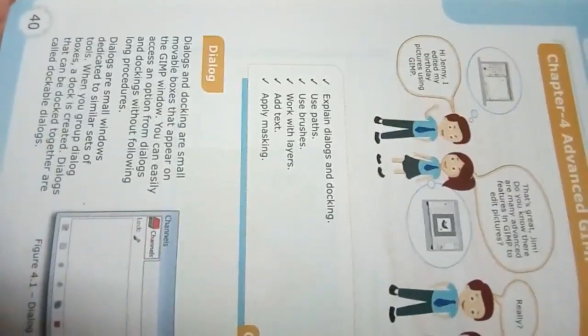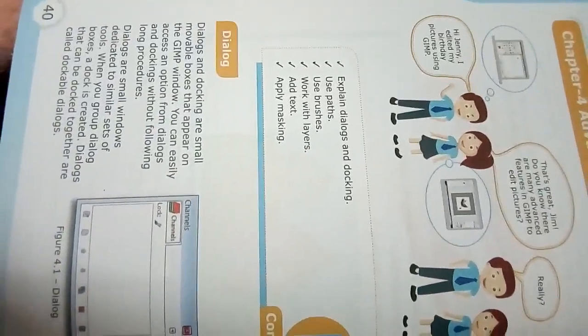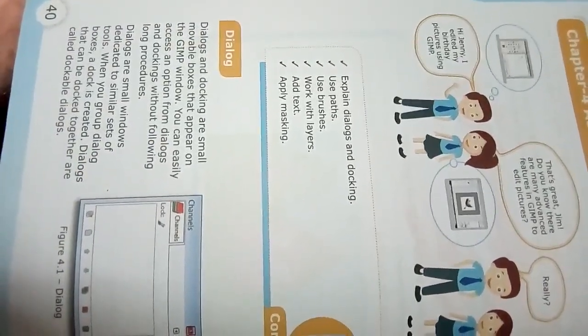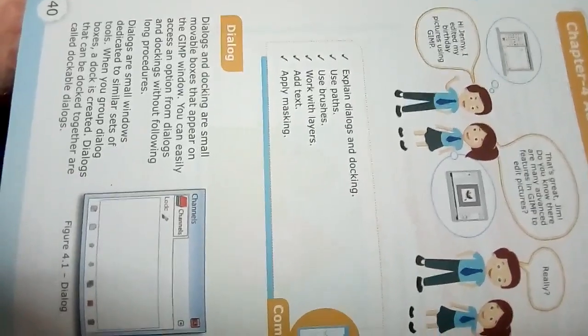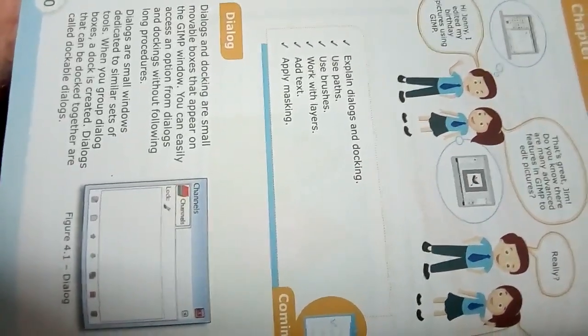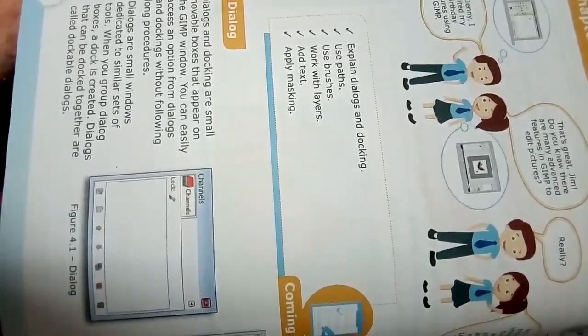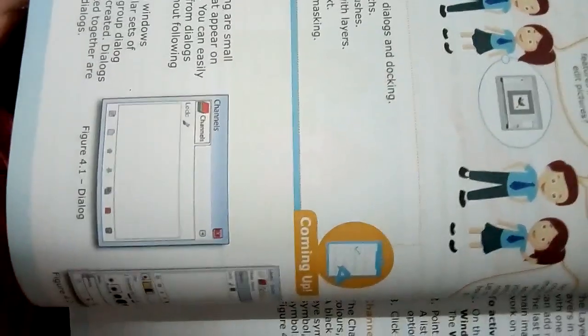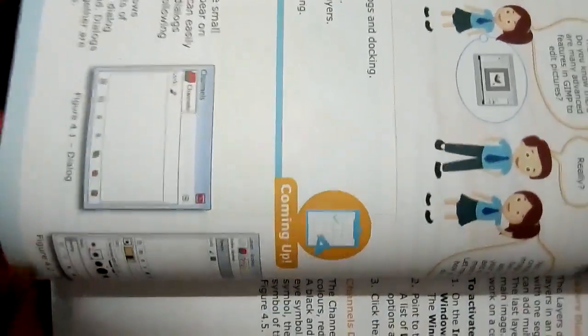Now dialogues are small windows where you can see similar sets of tools, and this collection of dialogues is called a dockable dialogue. Here you can see this one is a dialogue, and beside that this one is a dock.